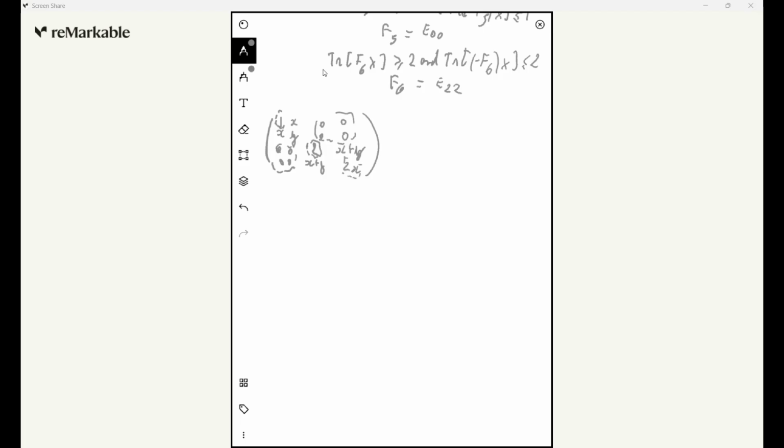And so to make 2x, we can just write trace of f7 of x is superior to 2x, and trace of minus f7 of x is superior to 2x, where f7 is equal to e10 plus e01 over 2.